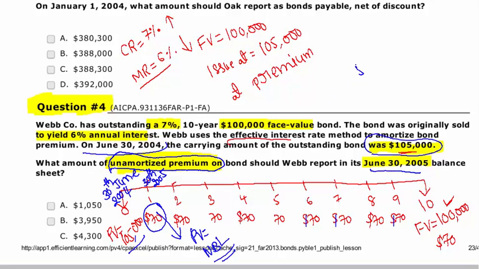The difference between these two is the $5,000 premium. After 1 year the premium will reduce. It is less than $5,000. Now they are asking us at this particular time. So on 30th June 2004, the premium is 5,000. They are asking us to calculate the premium on 30th June 2005. Okay, you start the calculation, please. Tell me the answer fast.